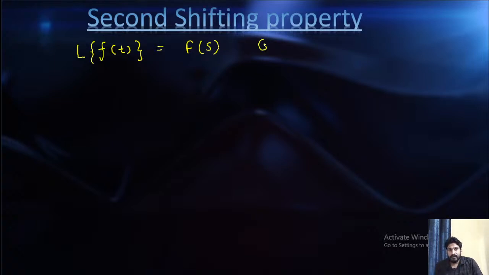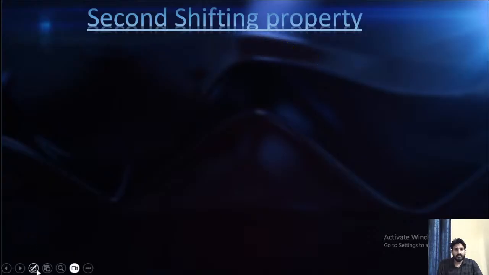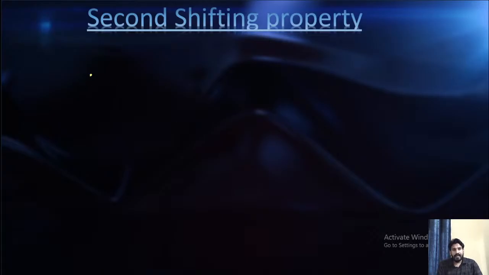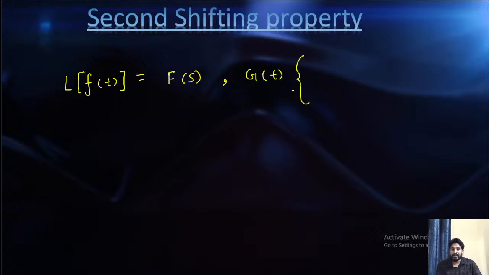And I'm saying that I have a function g of t, which is defined as follows. I have the f of t and I am interested in calculating its Laplace transform, which is my f of s, right? And my g of t is defined as f of t minus a for t greater than a, and it is 0 if t is less than a.